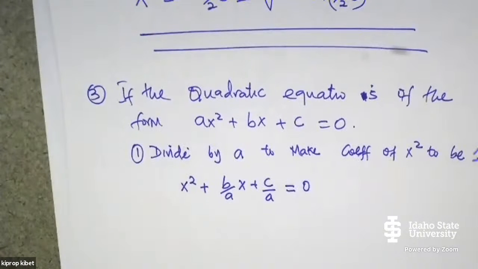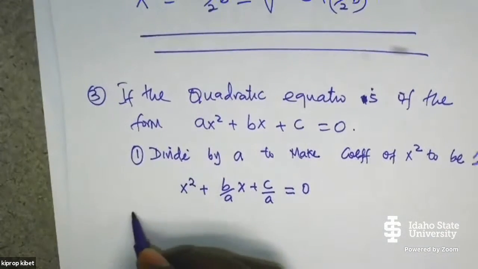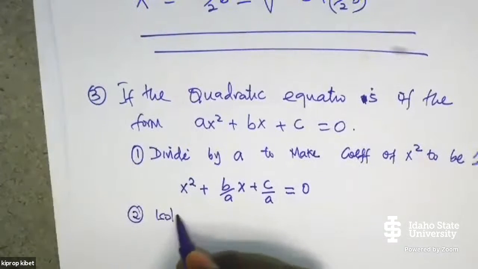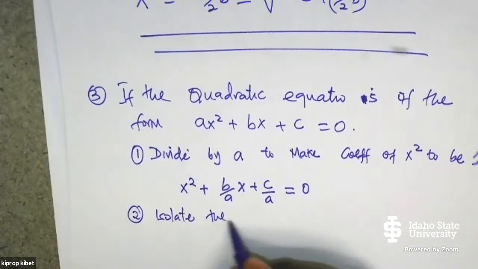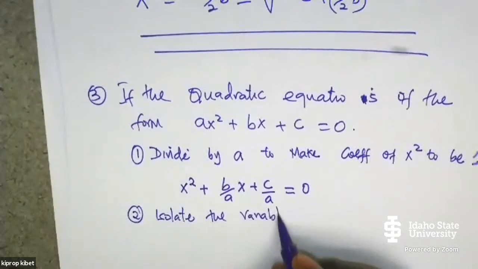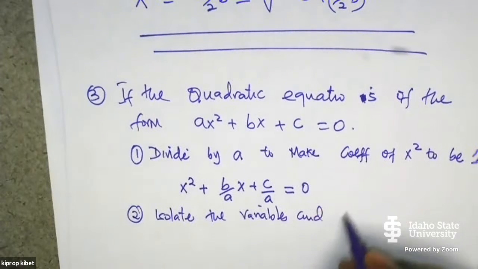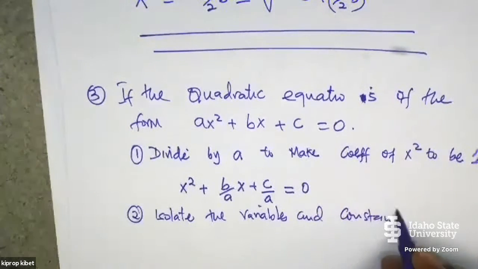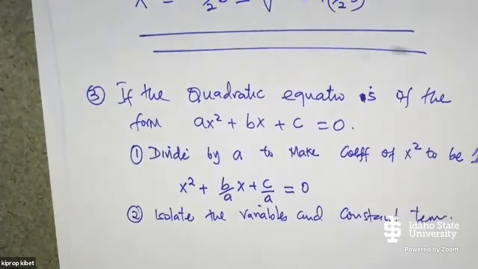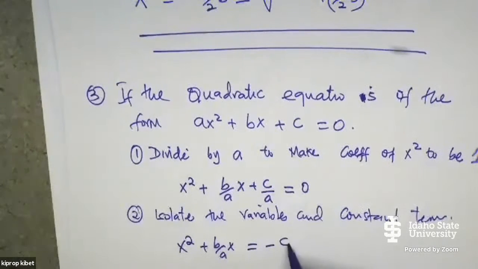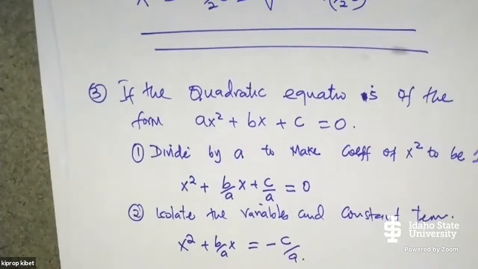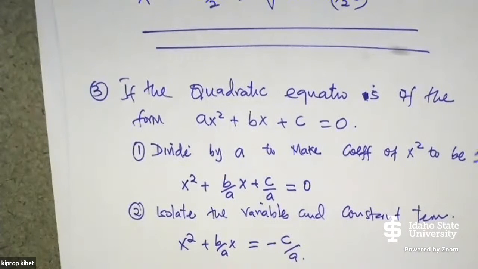No, before that, isolate the variables and constant. So whereby it will now be x squared plus b all over a x equals minus c all over a. Isolate the variables.